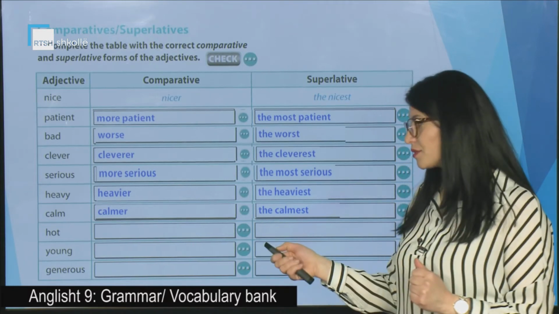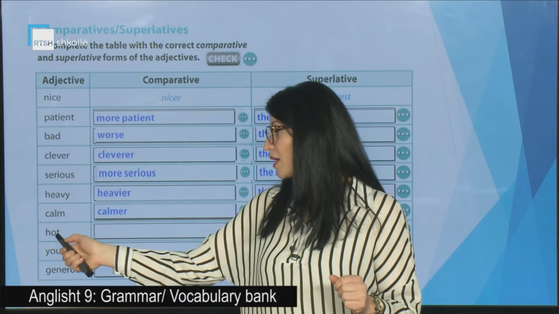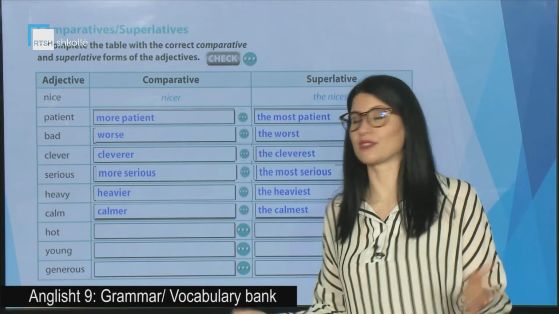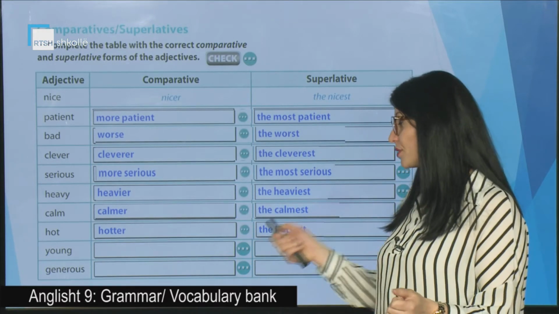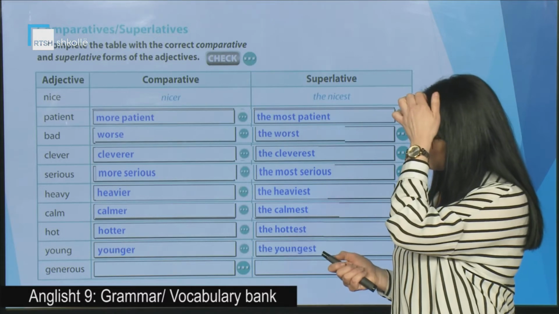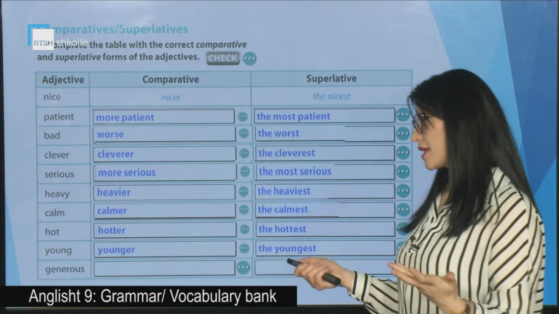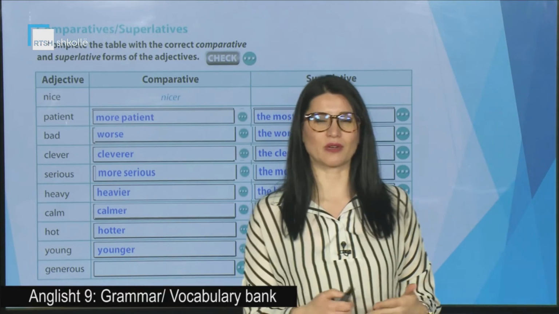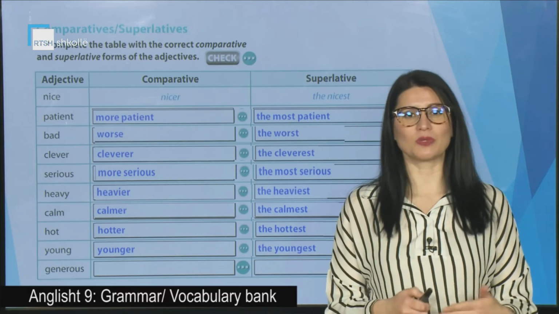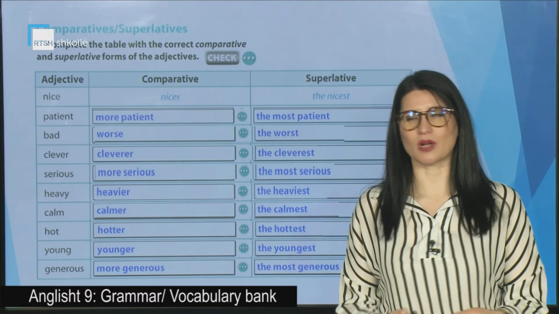Then we have hot, be careful, we have a one-syllable adjective having one vowel between two consonants. Be careful what will happen with the second consonant. So we say hotter or the hottest. Let's go on with the adjective young. We say younger or the youngest. Then the last adjective, generous. Actually, it is a long adjective, so the comparative degree would be more generous, while the superlative, the most generous.